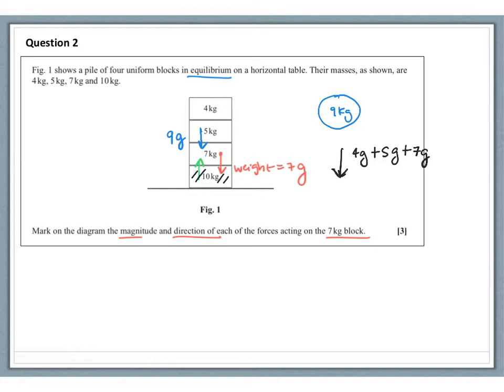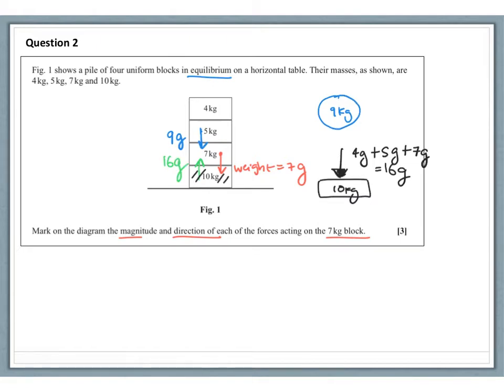So these 3 blocks will push down on the 10 kilogram block with a combined force of their total weight, which is 16g, if you add 4g, 5g and 7g together. Now, as a result, because the whole system is in equilibrium, the 10 kilogram block will also push upwards with an equal and opposite force to this. So that is the green force, which is 16g.